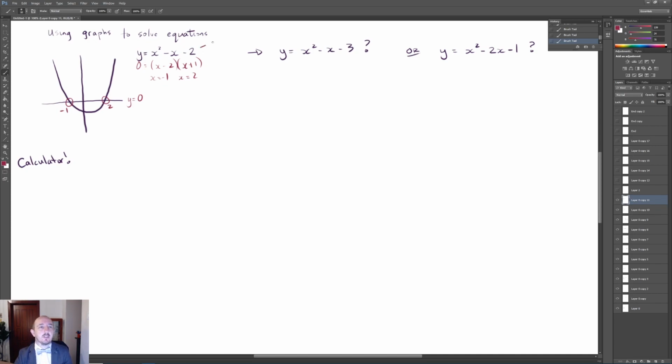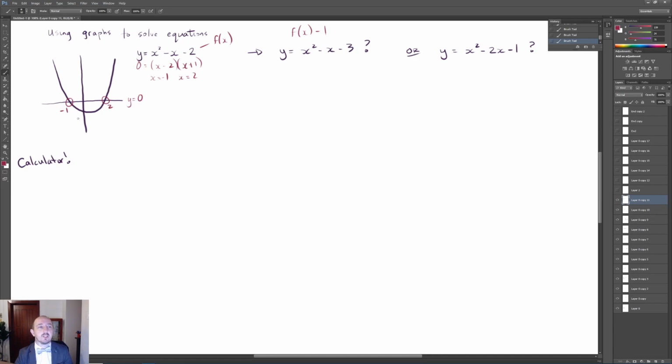So if I call this function f of x, then this one here is f of x minus 1, because the difference between this one and our new one is that it's just had a minus 1 there, okay? And you know from your graph transformations, which I'll talk about more in detail, that f of x minus 1 is a shift down of the graph.